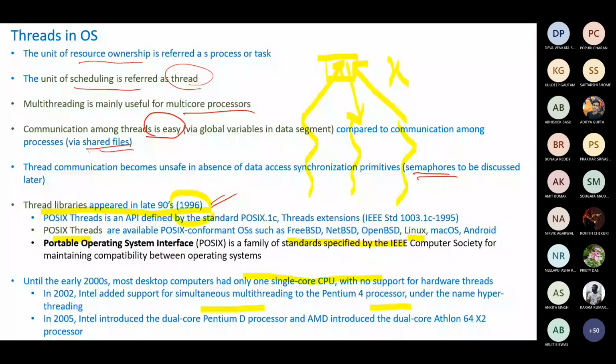So it must run in Red Hat, in Ubuntu, or in different versions of Ubuntu. To ensure that, the Portable Operating System Interface, in short called POSIX, standardization came from the mid 90s. And things gradually started becoming standardized.